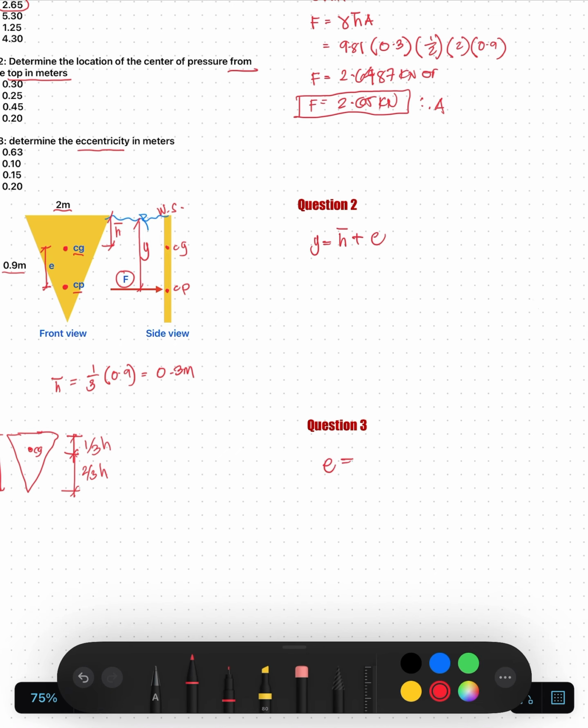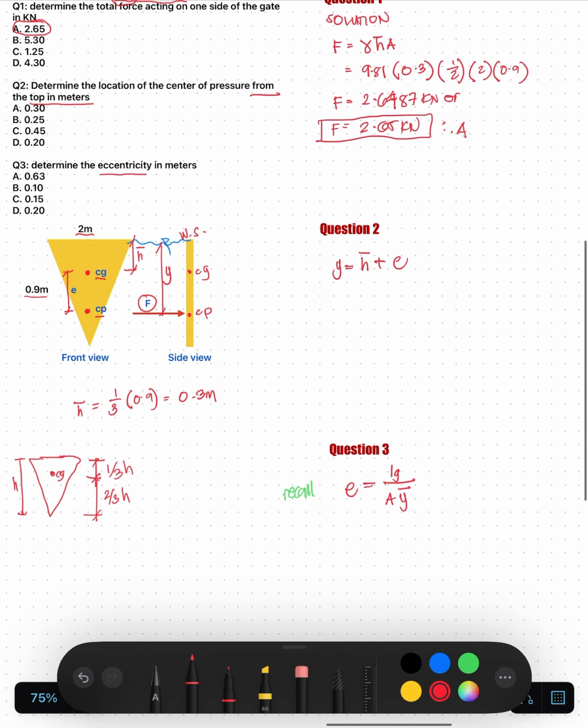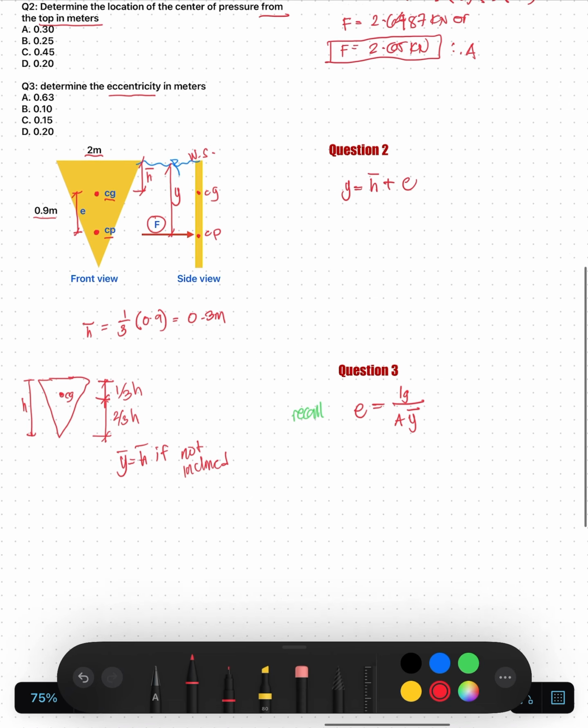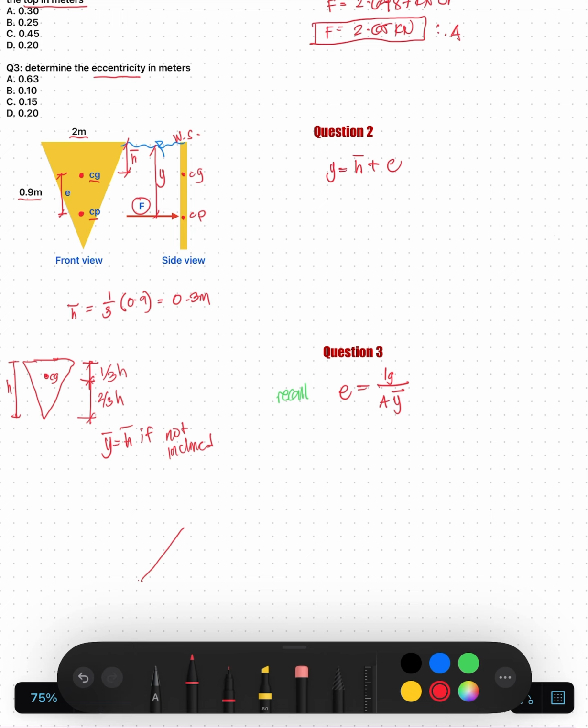The eccentricity has a formula of, recall, moment of inertia over area times barred y. So again, the barred y is equal to barred h if not inclined. So actually, if our gate is inclined, it will look like this one.